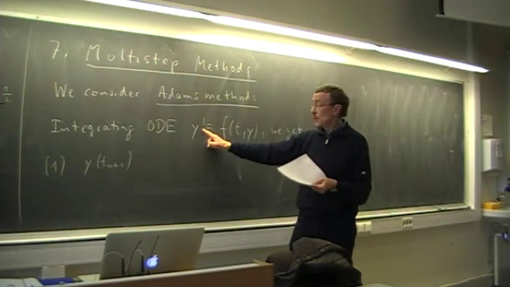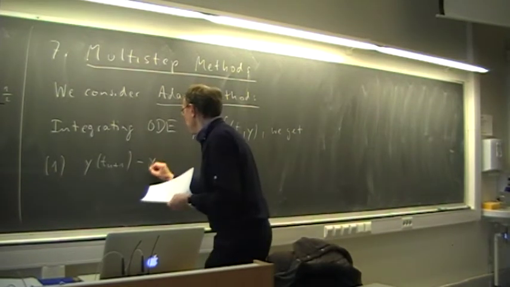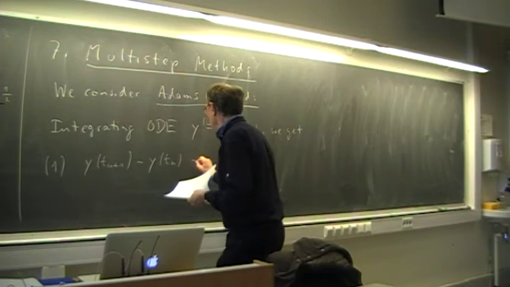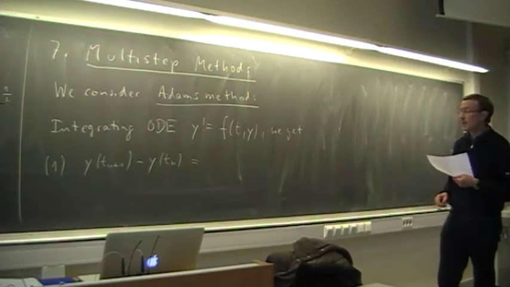When we do that integration from tn to tn plus 1, we get that y of tn plus 1 minus y of tn is simply this difference. So that's by the fundamental theorem of calculus.